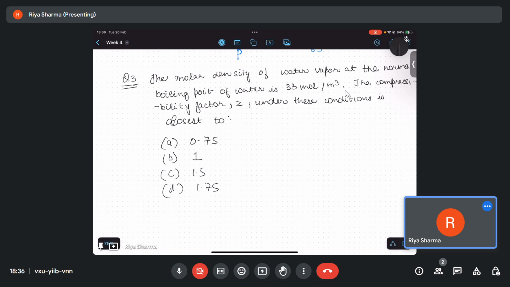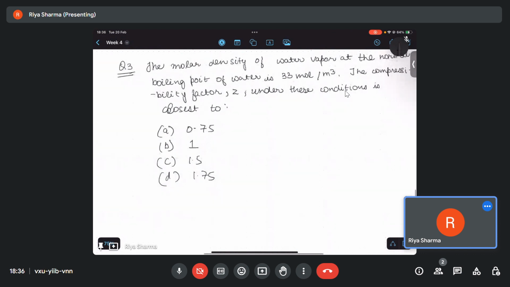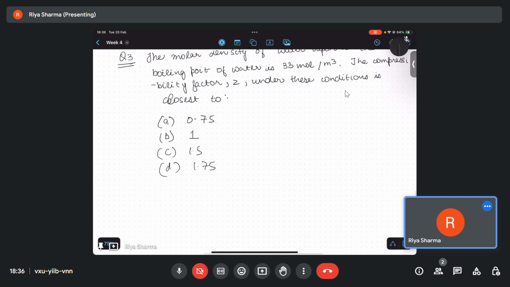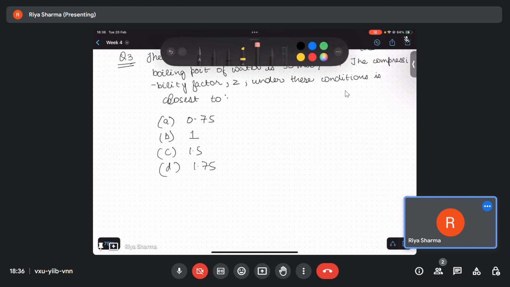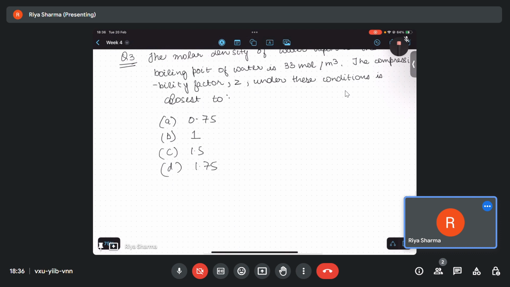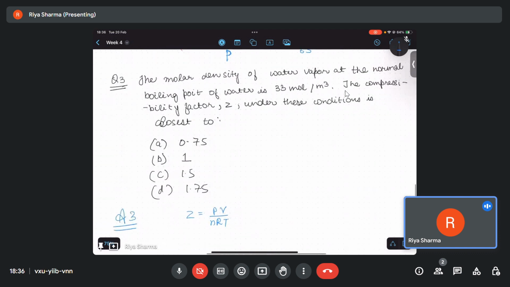It's a bit easier question, so efficiently try to solve. What we have been given, the molar density.